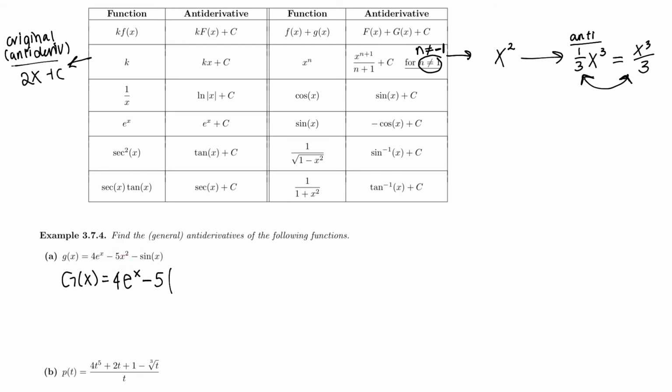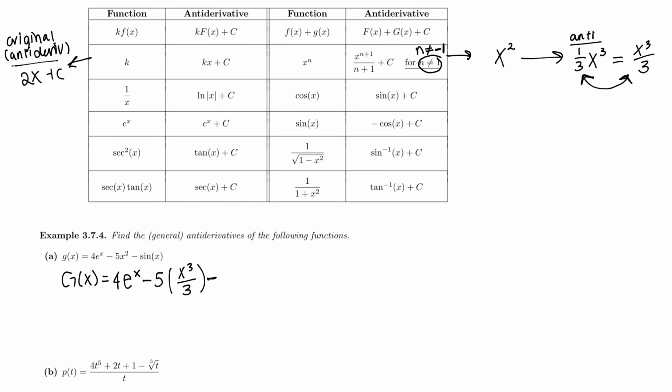So using this formula, the antiderivative of x squared, you add 1 to the exponent. So this is 2 plus 1. Maybe I'll write it as 2 plus 1 for a second, just so you can see it in action. Over 2 plus 1. So I'll erase it now and put 3. x cubed over 3.